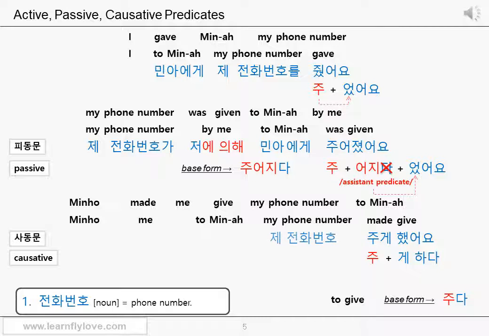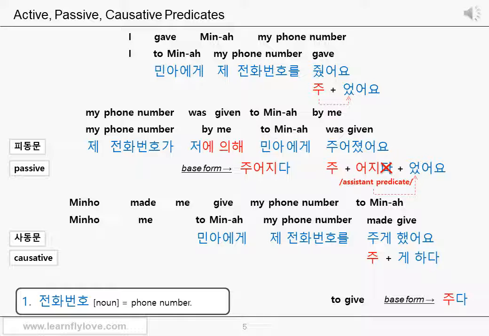What did you give? Yes, my phone number. 제 전화번호. It's an object which is actually given. So you can use the object particle 를. 제 전화번호를. To whom? To Mina. What is the particle? Yes, 에게. 미나에게.